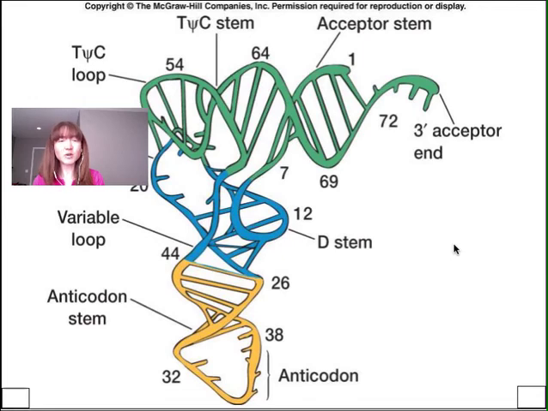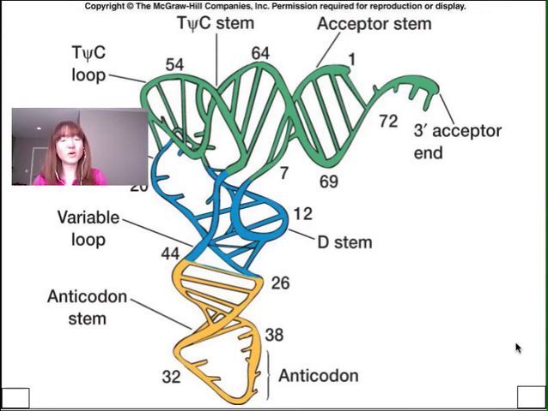And it actually ends up looking sort of like an L-shaped molecule. And this is a picture here that gives a much more realistic picture of what the tRNA would look like. The anticodon arm is still down here, and would pair with the codon on the mRNA. And then the acceptor stem would be up here. So this is where we would see the attachment of the amino acid in a more realistic view of the structure.